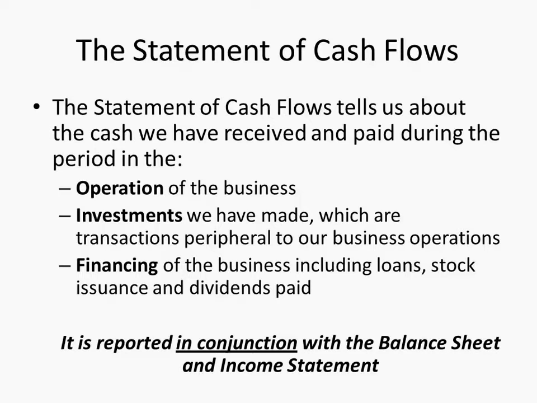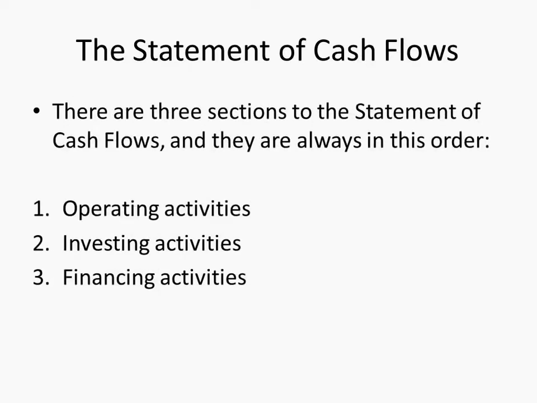Or are we financing things, which can also be a sign of growth, or a sign that we can't obtain finance, we can't get enough cash elsewhere. So the cash flow statement is split into these three categories: operating, investing, and financing. OIF. That's the order. It always is in that order.